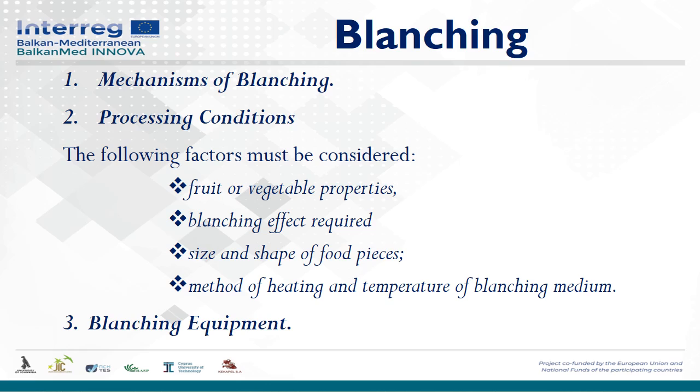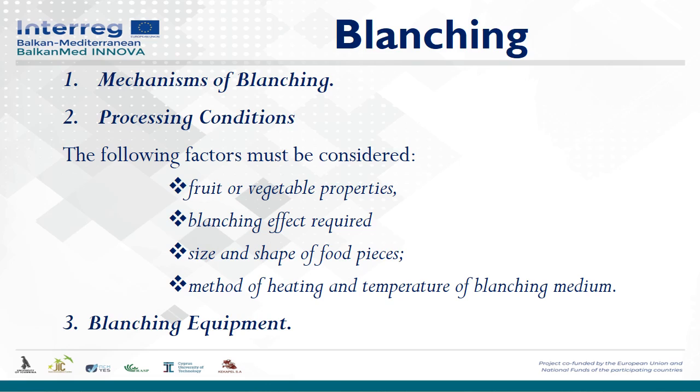Factors that might be considered when determining conditions for blanching are fruit or vegetable properties, especially thermal conductivity; the blanching effect required for the processed products, for example, achieving a specific level of peroxidase inactivation or retaining a specific proportion of vitamin C; size and shape of food pieces; the method of heating; and temperature of the blanching process.